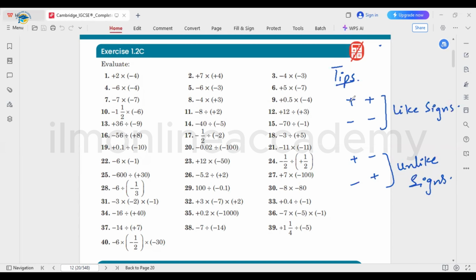Previously I told you, if you have like signs, you will be using the like sign again. But for the multiplication of these numbers, these tips will be a bit different.